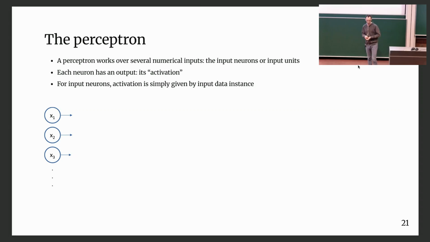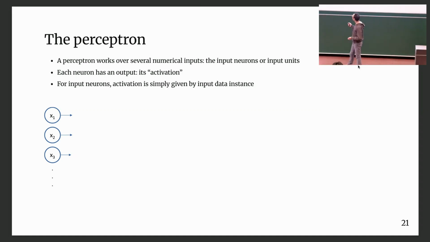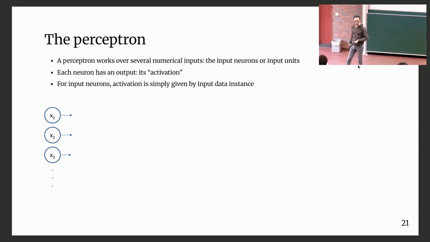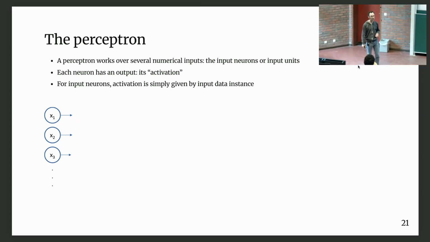Typically, we will want to make some sort of prediction from that instance. So here, if we have one person with an age of 30 years old, an income of 1,000 euro and a gender of female, let's say, these neurons are just there to represent that instance and to feed that into the rest of the network.